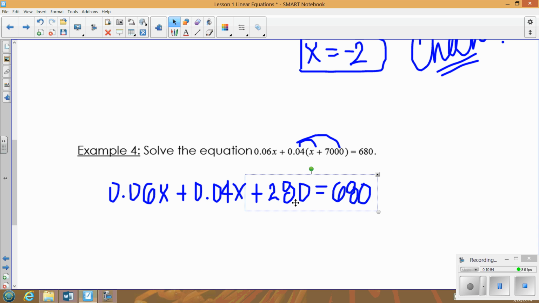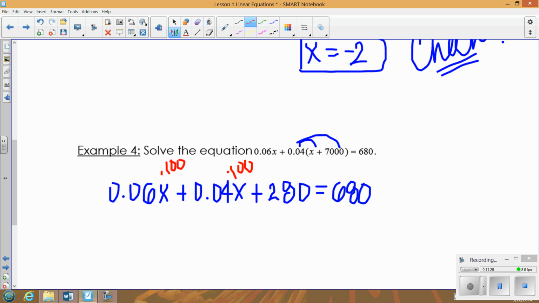So a trick that we can use is similar to a trick that we use for fractions, where if you don't want to mess around with combining like terms with decimals, a trick that you can use is to multiply by powers of 10. So basically, however many decimal places you have, that's going to tell you how many zeros you should have in your power of 10. So there's 2 decimal places that I want to get rid of, which means that if I multiply everything by 100, it's going to get rid of those 2 decimal places.